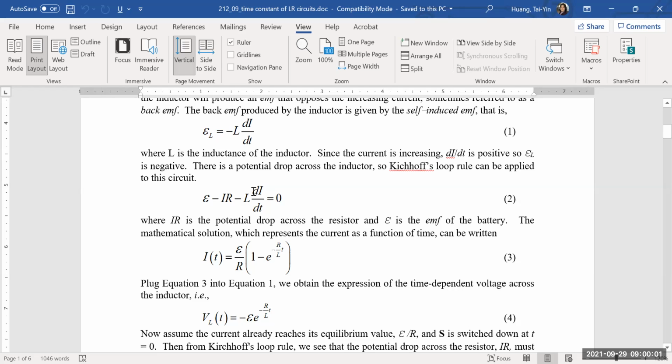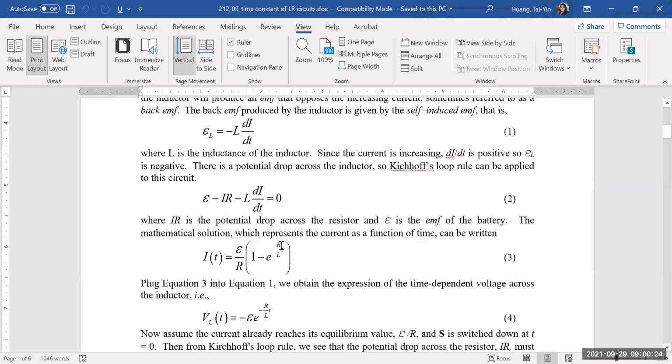So we can solve for the current as a function of time, and we find that the current as a function of time is the voltage of the battery over the resistance, times 1 minus e to the minus R over L times t. And L here, I forgot to mention, is the inductance of the inductor. And R, of course, is the resistance of the resistor.